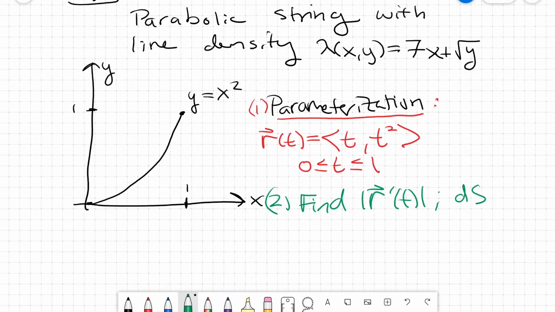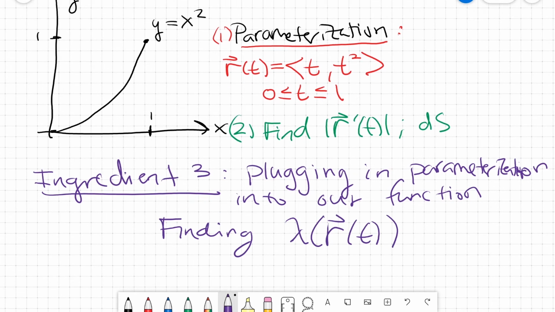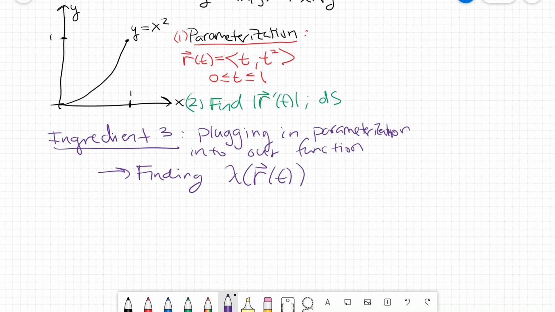And now our third ingredient is going to be plugging in the parameterization into our function. This part is extremely important as it's equivalent to us asking the ant to tell us what the local density is for each place that it travels across. So we definitely need to compute it. So how do we plug in the parameterization?